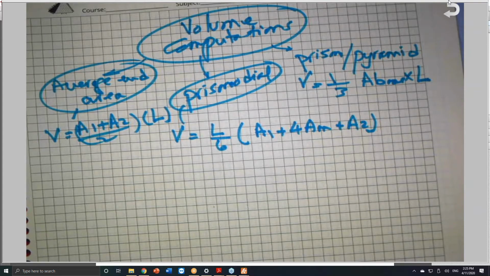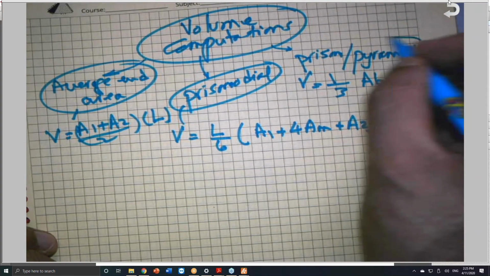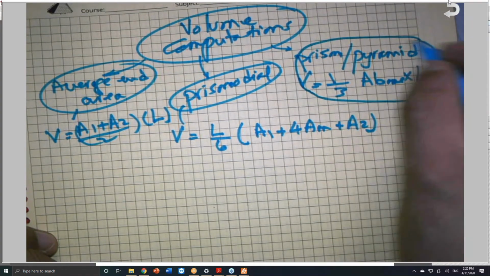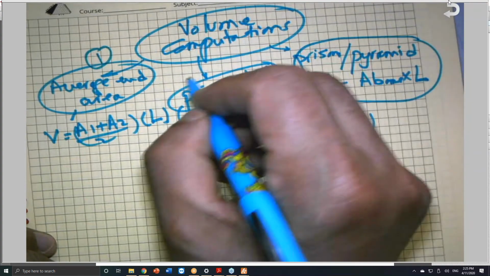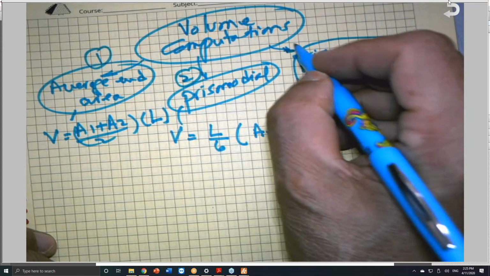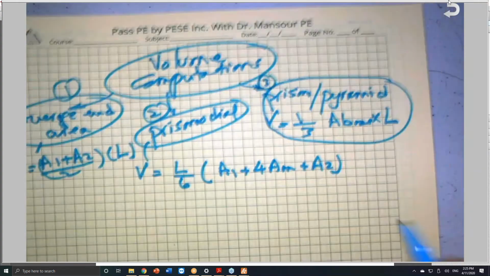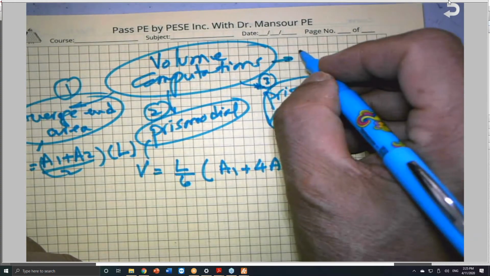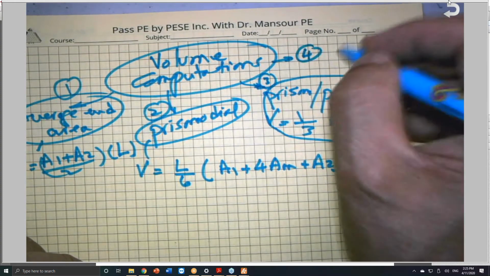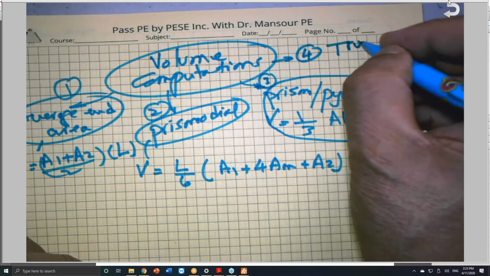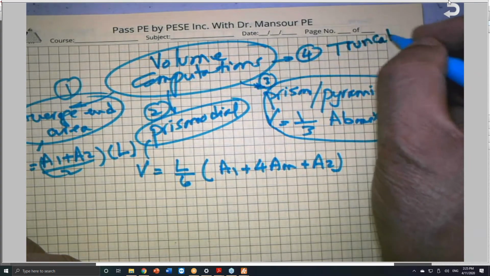So this is method number 1. Okay, method number 1. Number 2, Prismoidal. Number 3. And number 4 is the truncated cone.